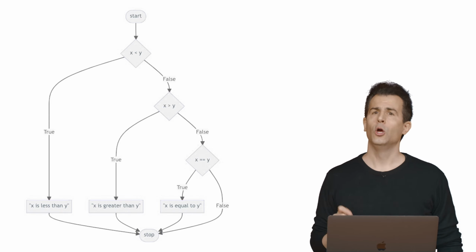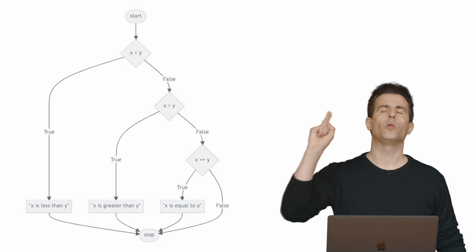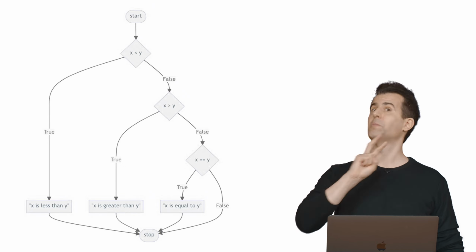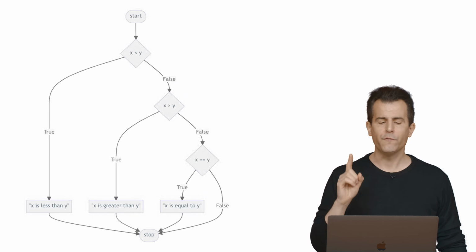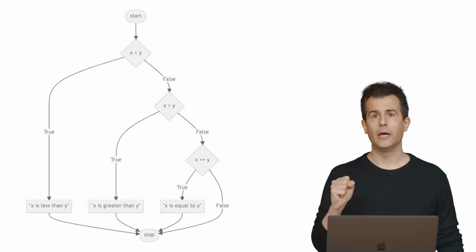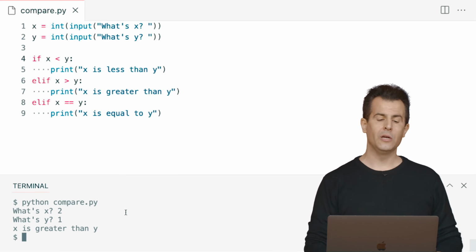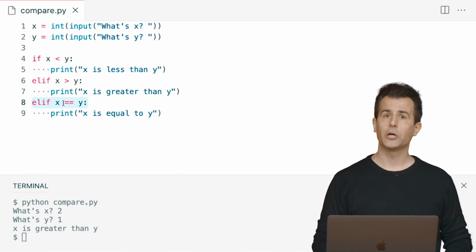So what's the improvement? Well, in the first case, we got lucky and we only had to ask 1 question, and boom, we're done. This time, we had to ask 2 questions, but then boom, we're done. Only if x happens to equal y do we actually find ourselves logically getting all the way down to this final elif in my code.